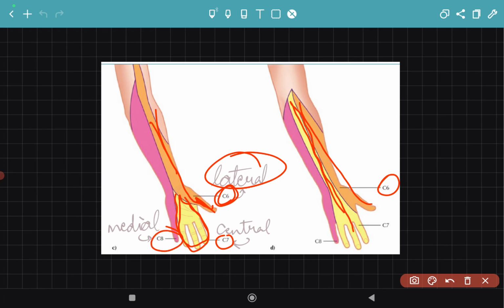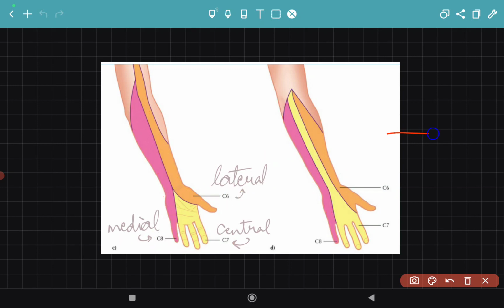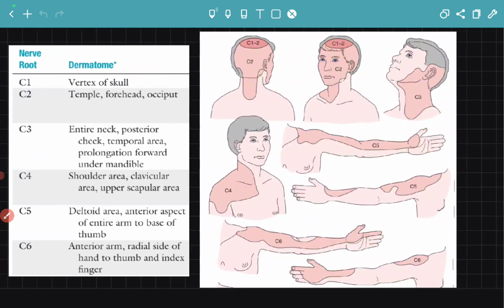Then C8 lies medially at the little finger side. The pink one can be appreciated anteriorly and posteriorly. So this is exclusively about C6, C7, C8. Laterally, centrally and medially it lies, to remember. Now one by one let's focus. You can refer to this part in the Maggie book.